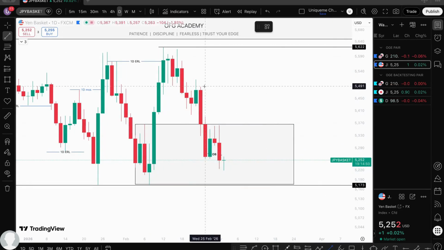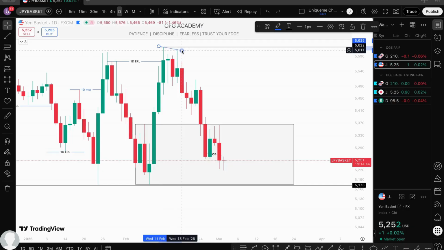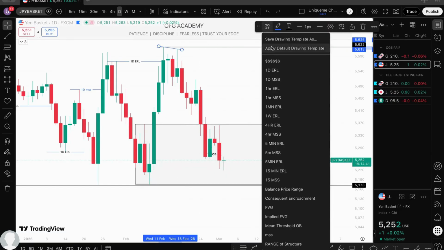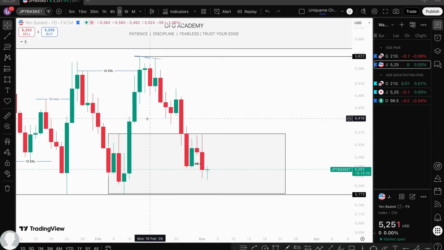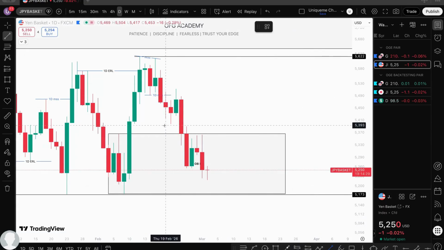And I'm expecting price to clear out that high range up there. Do you see? Because it has liquidity above. We also have a minor structure inside here, which is a change of character, and we also have a break of structure here.